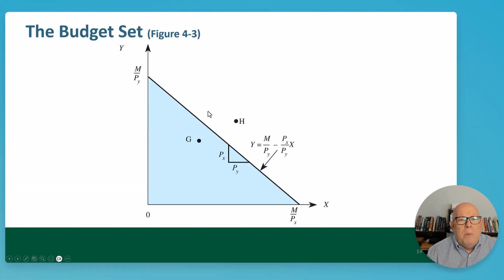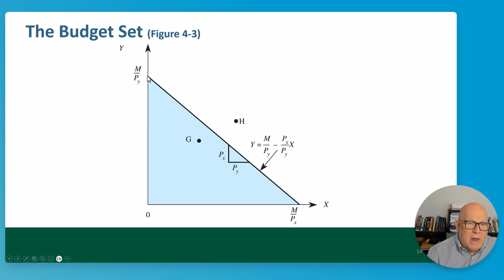And so this is what the budget set looks like, all right? So over to the left, if we wanted to buy nothing but Y, we would basically take the total budget divided by the price of Y, and that would tell us the maximum amount of Y that we could buy, assuming we buy none of X. And then over here to the right, assuming we were going to spend our entire budget on X, we would take that budget and divide it by the price of X, and that would tell us if we don't buy any of Y, if we put all of our money into X, how many units of X we would buy.